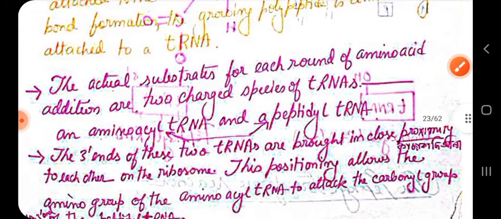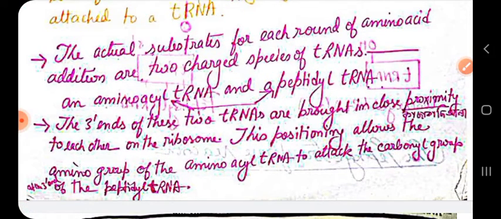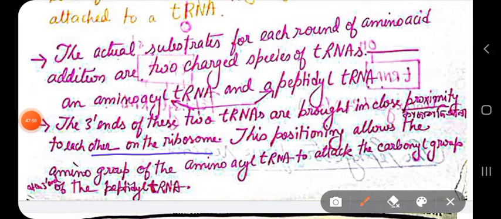Now how do they carry out the reaction? The ribosome allows the 3 prime ends of these two tRNAs to come into close proximity. A term called accommodation occurs, so that the tRNAs can be placed close together.